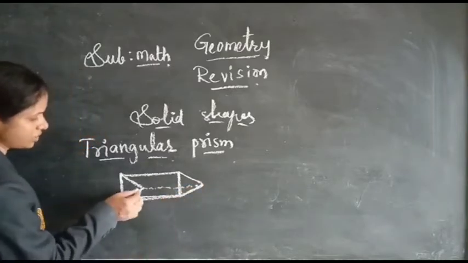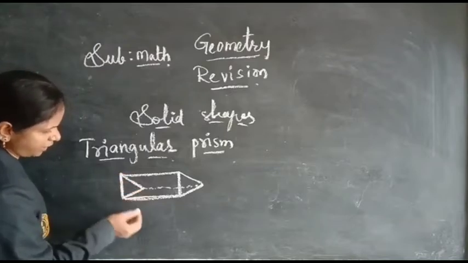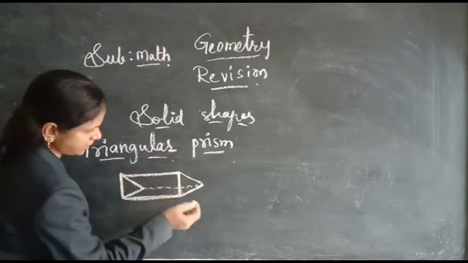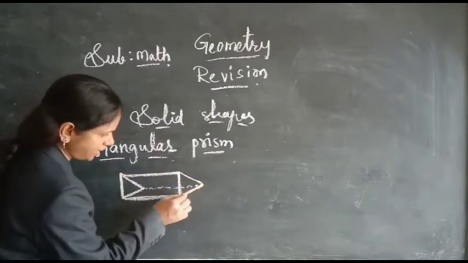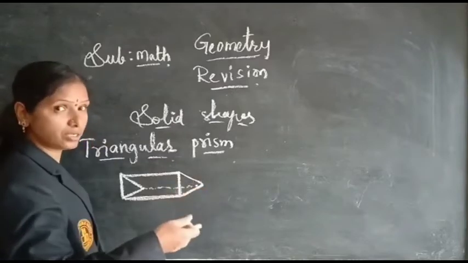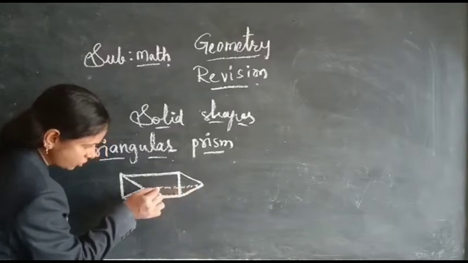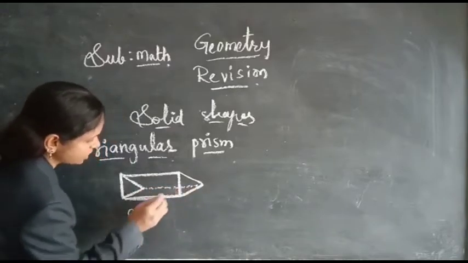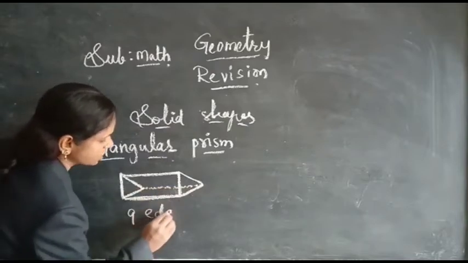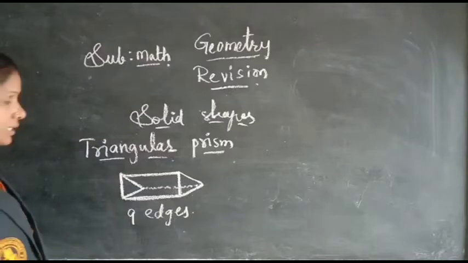Once again, let's count. 1, 2, 3, 4, 5, 6, 7, 8, and one more it has, children. We can't see that, but if you see the solid shape, you can count. But in the figure, see this dotted one. So total 9 edges. This you should also treat as an edge. So a triangular prism has 9 edges.